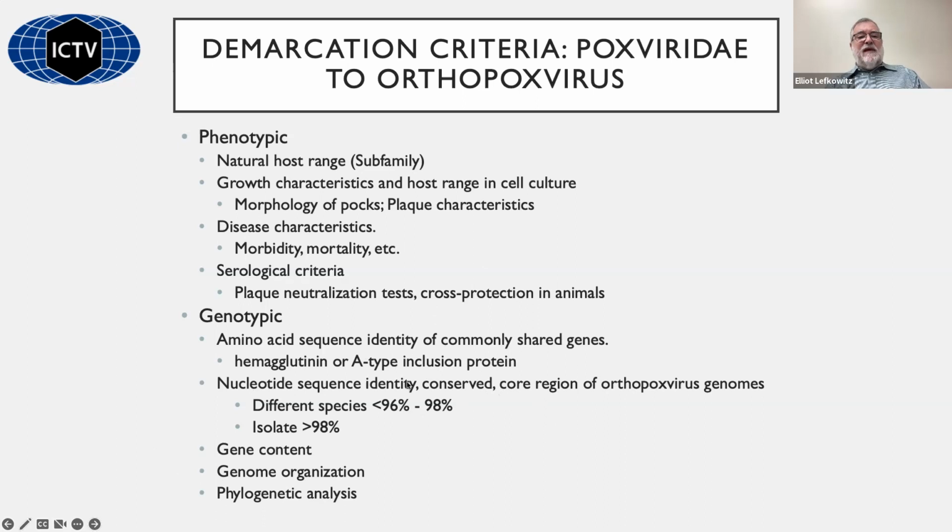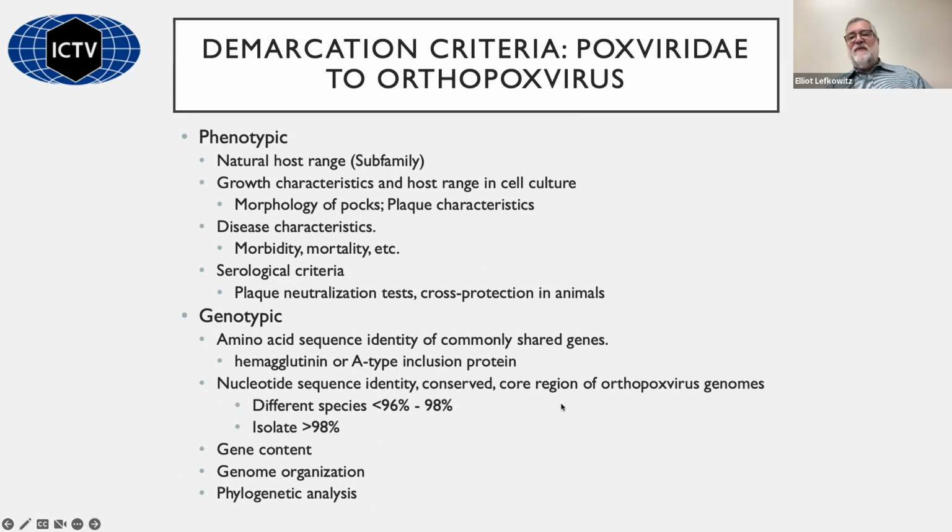And so the amino acid sequence identity of a particular family of proteins coded for by the viruses can be utilized. Percent cutoffs for nucleotide sequence identity, defining differences between species in the orthopox virus genomes, are used. Gene content, genome organization, the order of the genes in the viruses, and then finally phylogenetic analysis.